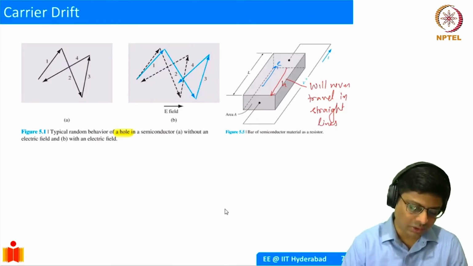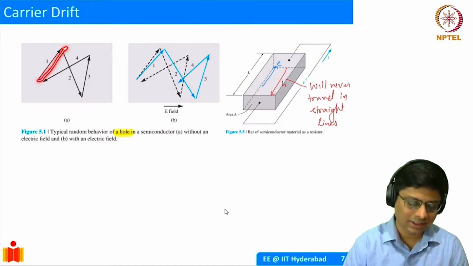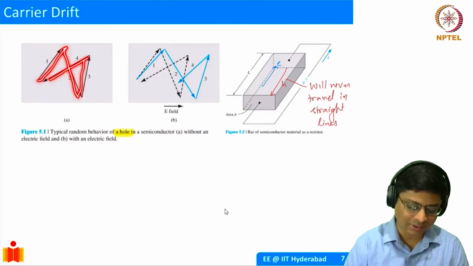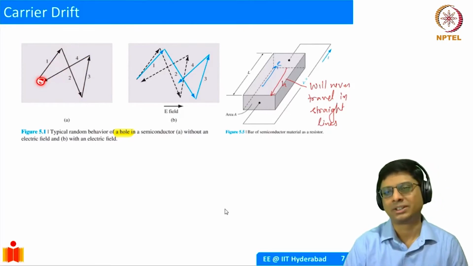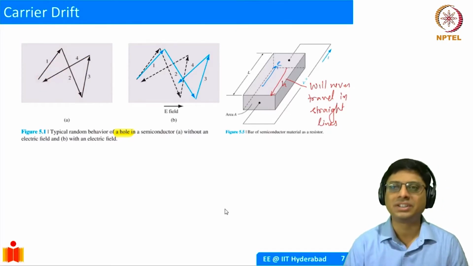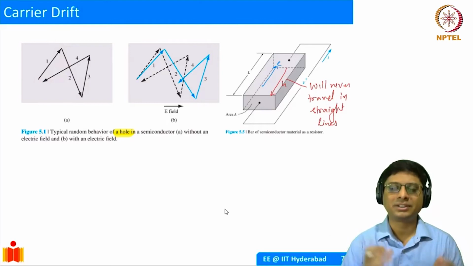Consider a hole which starts out at this point. It gets scattered, goes in one direction, gets scattered again, goes in the other direction, scatters back, and so basically it starts out at this point and ends up at the same point. On an average, electrons will simply undergo multiple scattering processes and end up at the same position.